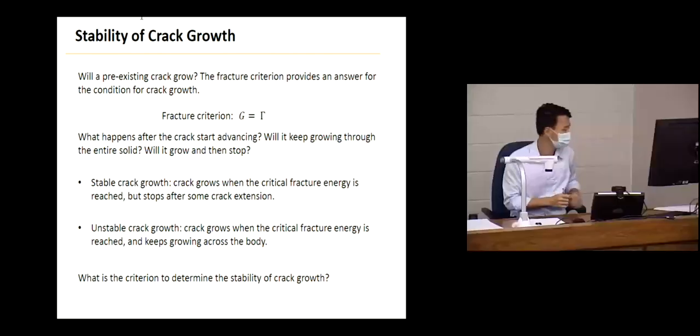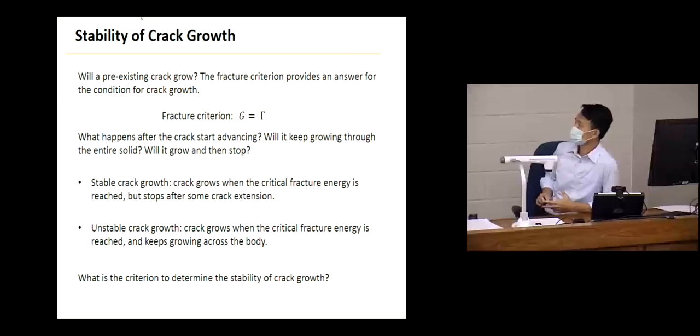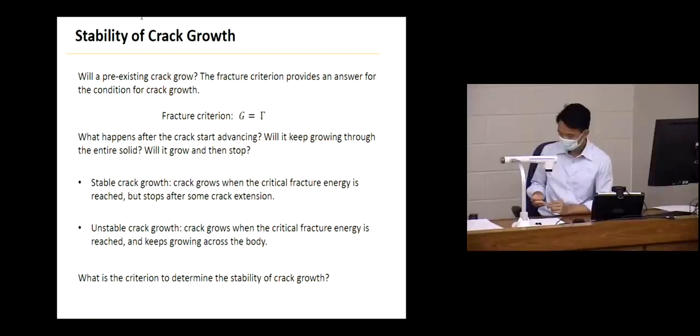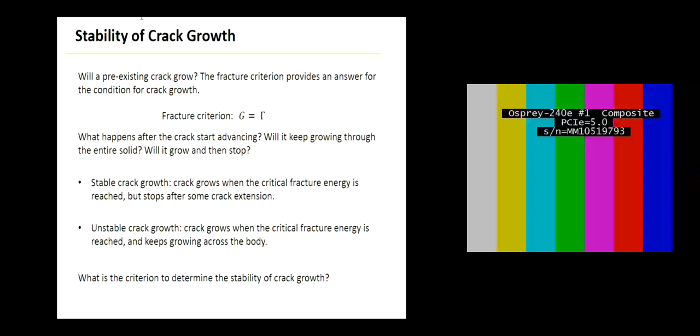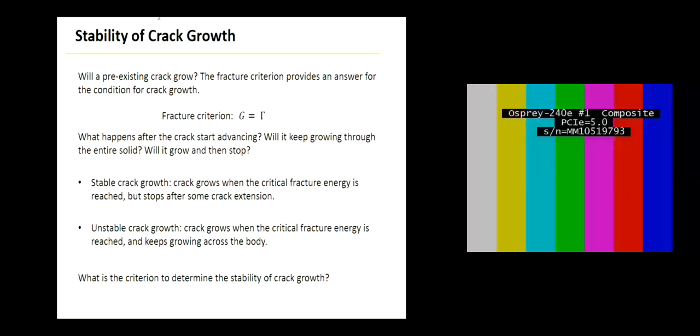So we want to use this to look at something more fundamental about the crack growth process. We have the tools now to do that. We can use the concept of energy release rate to predict crack stability.